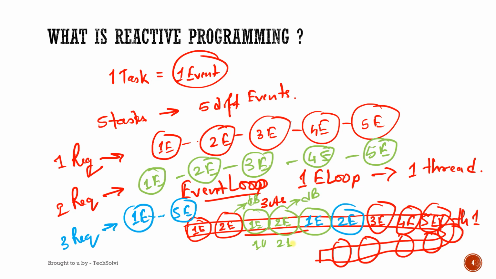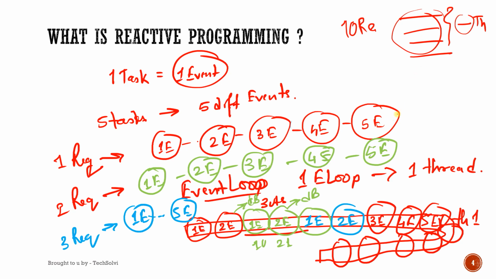In this way, we can utilize the resources of the system more efficiently. Earlier, for 10 requests we were probably using 10 different threads, but with this new approach we can probably process 3 requests in one thread. It's not that always 3 requests will get processed by one thread.